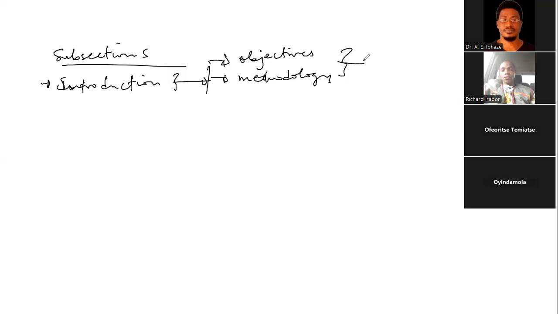So it means that the objectives must have been addressed by the methodology. So you want to begin with that. You want to reemphasize what the objectives are and the key methodologies. Now, I'd rather turn this to methodologies rather than methodology, meaning each objective must have been taken care of by a specific methodology.